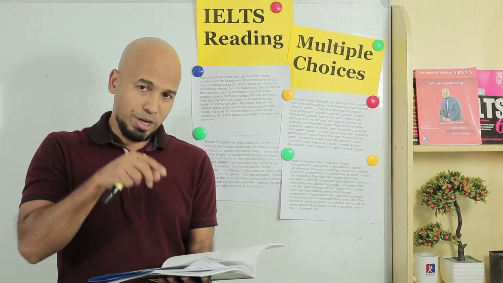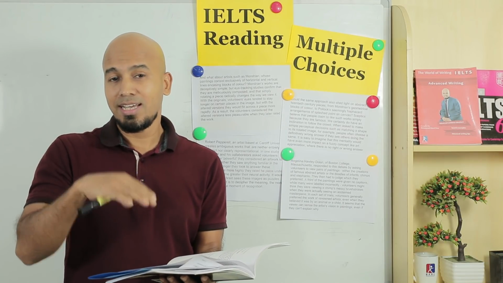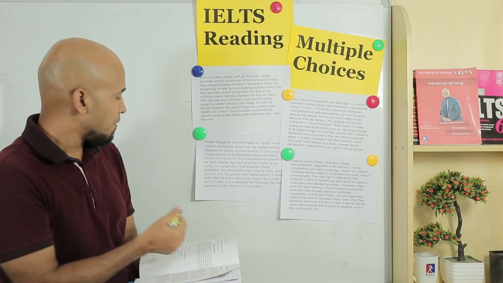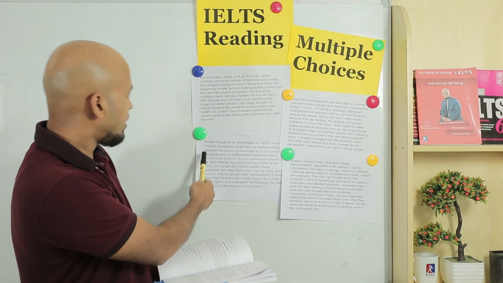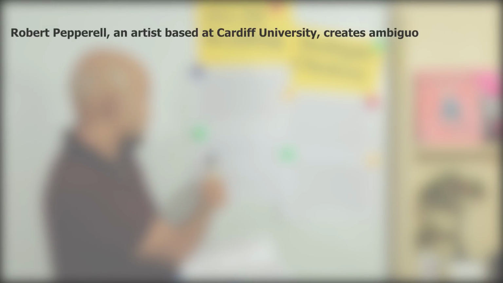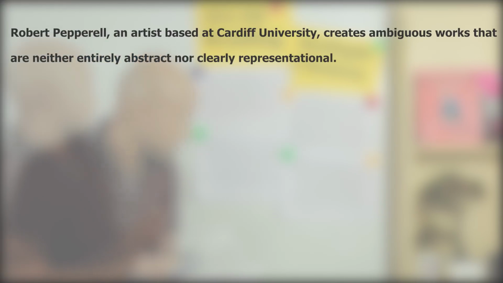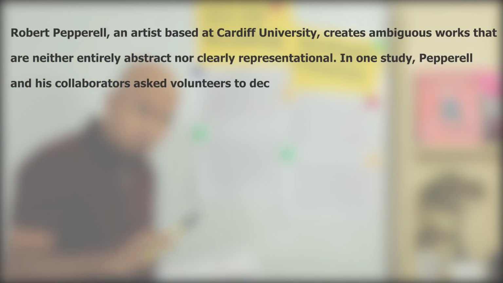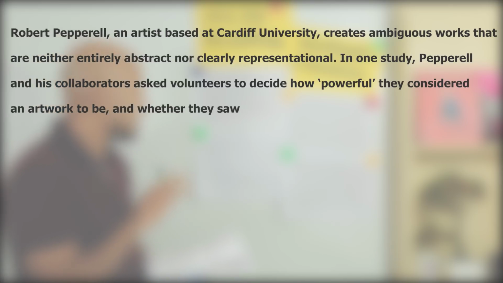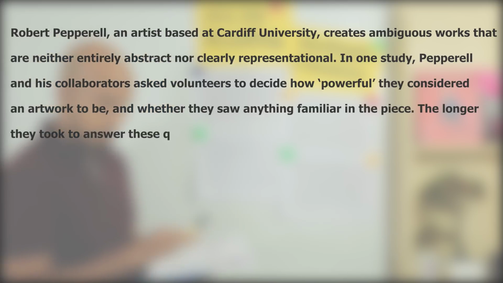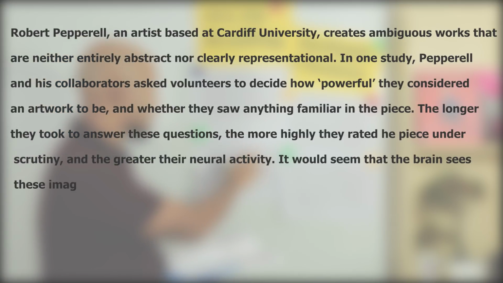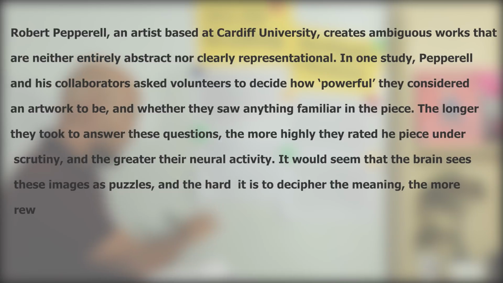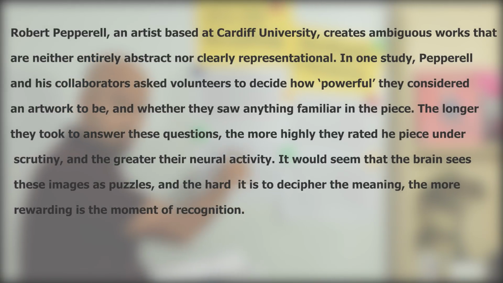The same way, we will read the end of the paragraph to find the result. If we read the first sentence, an artist based at Cardiff University creates ambiguous work that is neither entirely abstract nor clearly representational. In one study, Pepperell and his collaborators asked volunteers and so on. So it's all about the research.